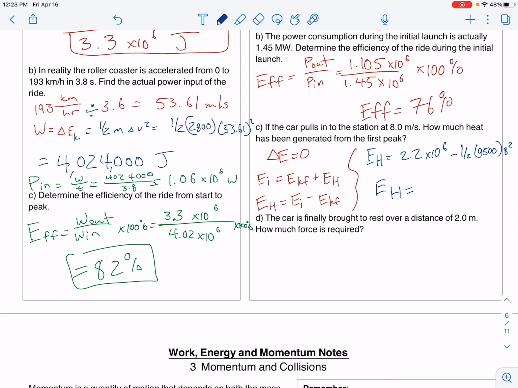And then my thermal energy output is going to be 2.07 times 10 to the 6th power joules.